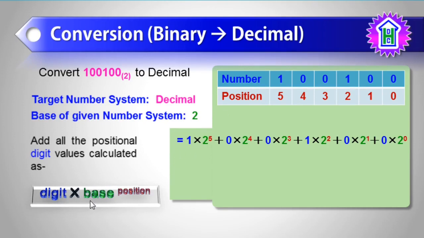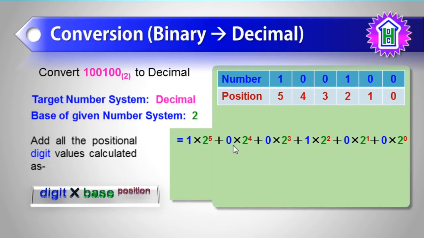Base is written in green color, so the base is 2. Here the base of binary is 2, and the position is written in maroon color. So I am fetching 5 from there. So it is the digit 1 into base of the binary system, which is 2, to the power 5.